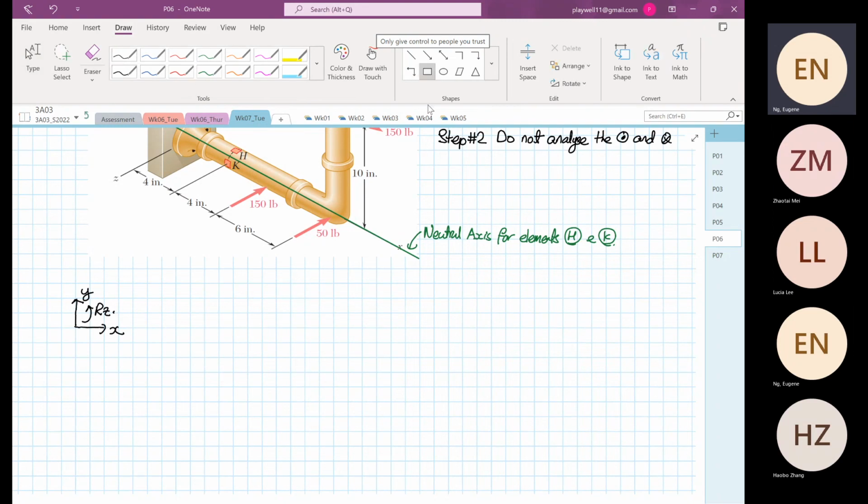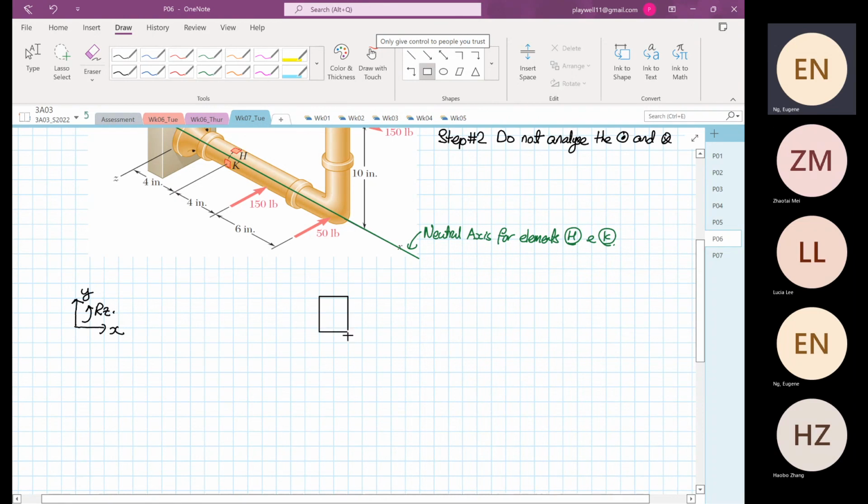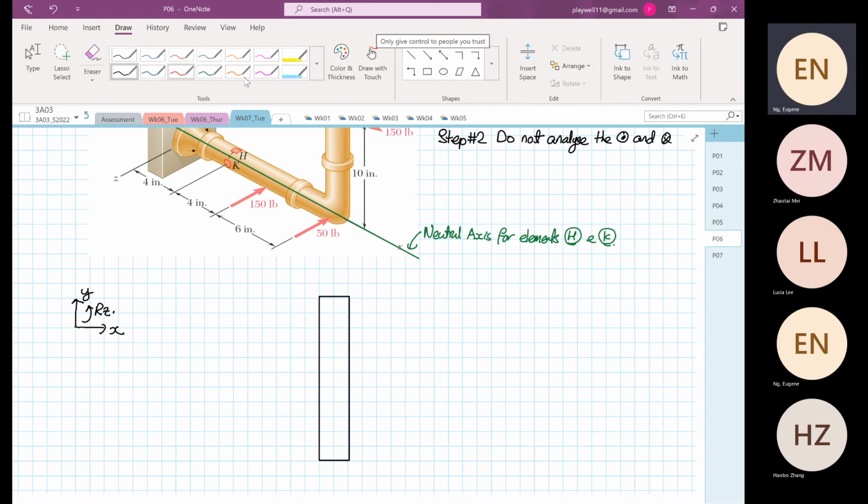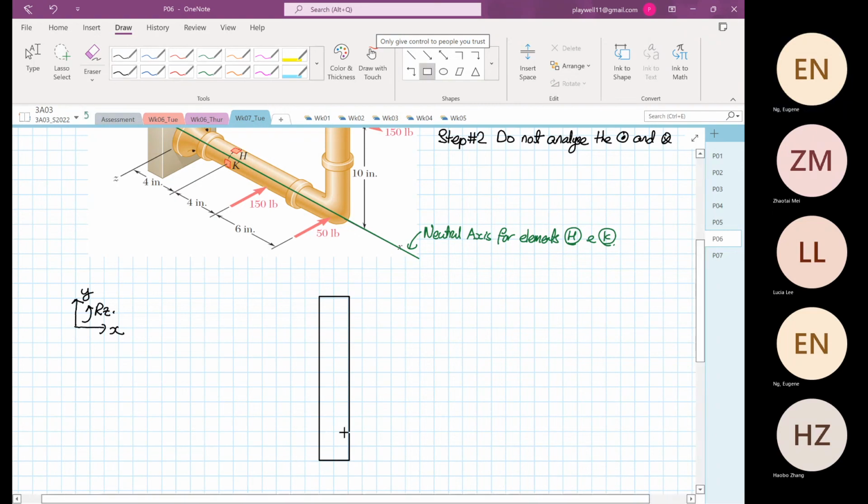Okay, as I said, this is just a sketch. So we know that this is 2, 4, 6. So this is our sketch. Then we have 6, 4, 4. Okay, so this is our structure.